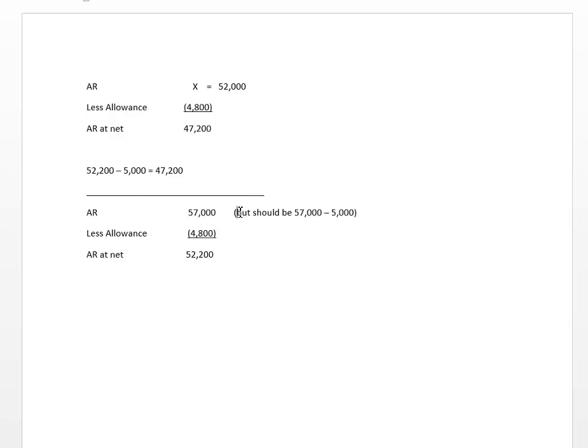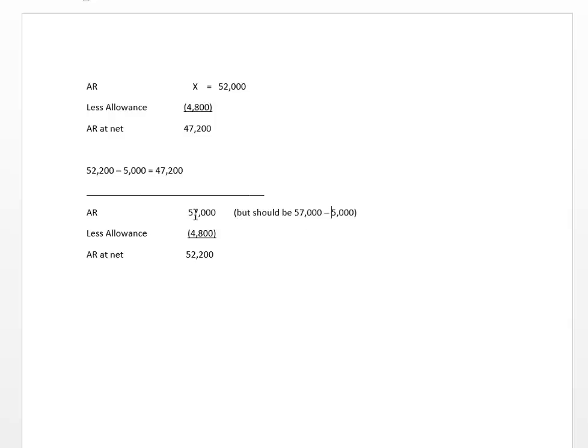inventory, and we don't include consignment inventory when it's given to the dealer, as it is not a sale. The real sale is to the third party, the customer, the dealer's customer. So the idea is there is no such thing as receivables on consignment sales. So therefore, we would have deducted that $5,000. Some students said, well, I'll deduct it from the $57,000.